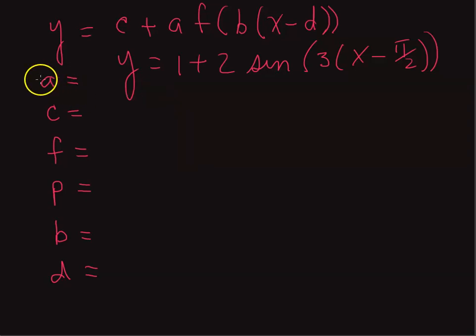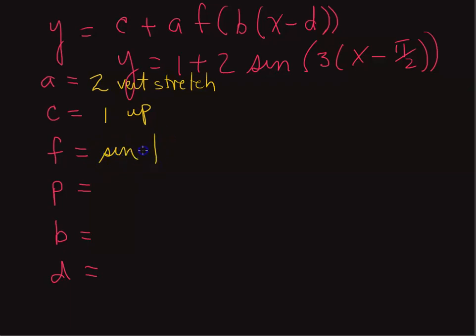So, what is A? In this case, A is 2. What does it do? It's a vertical stretch. What is C? It is 1. Which way does it move it? Up. What is F? The trig function is the sine.